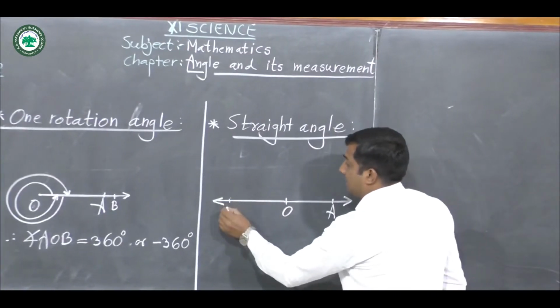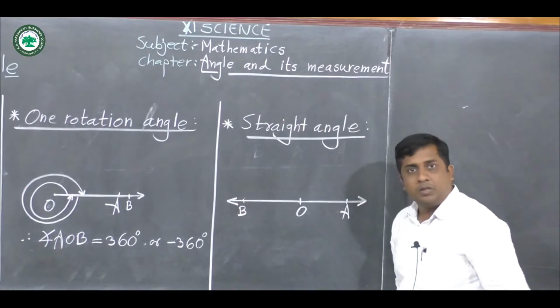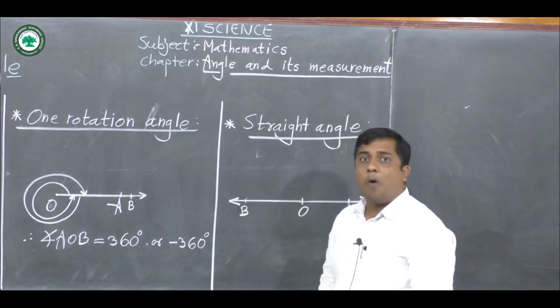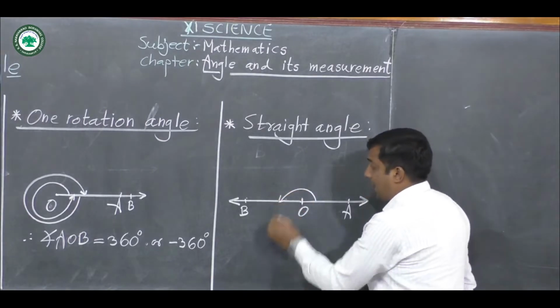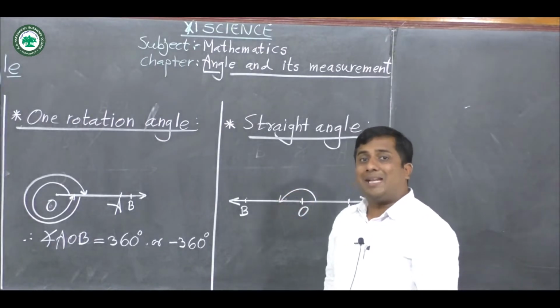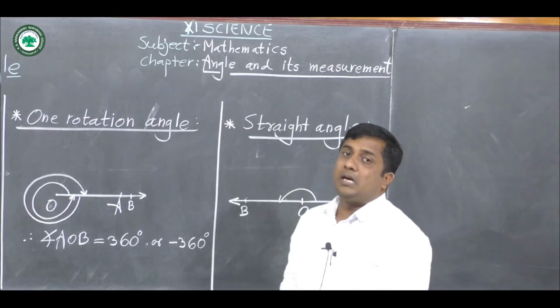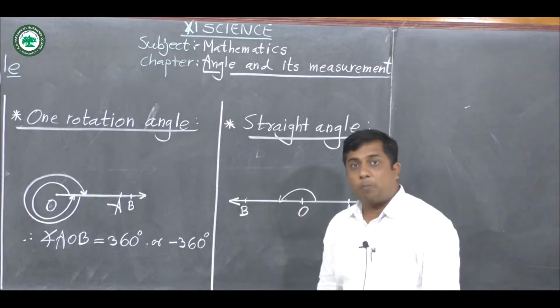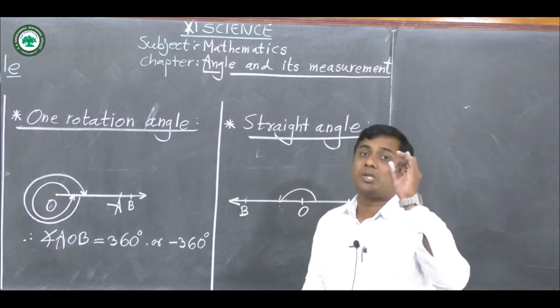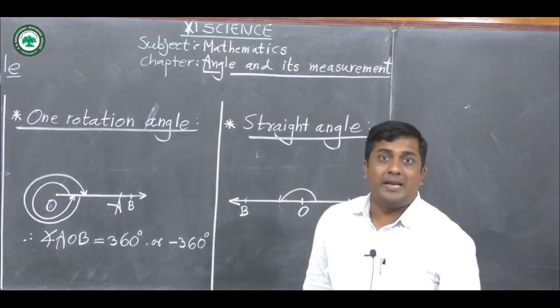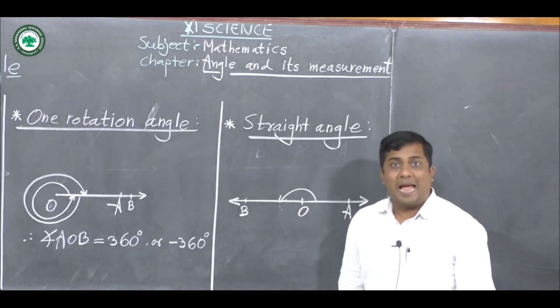Suppose here is our point B. If we consider the rotation of OA up to the position of ray OB, and if we consider rotation anti-clockwise, then the measure of angle is always positive, and this angle is called the straight angle.